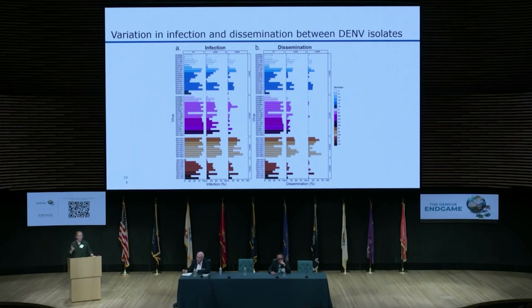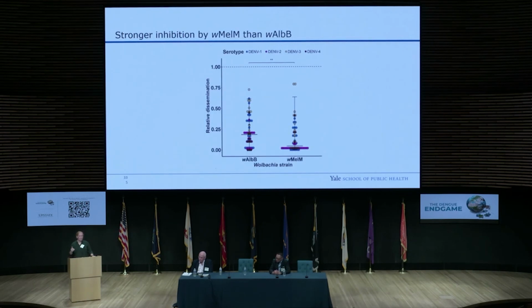But given that we're already starting with variation in wild type, we wanted to account for that to make a slightly more fair comparison, because you can imagine if you're trying to compare viruses that are very differently susceptible in the wild type, that's a hard comparison. So what we did for the next set of graphs is we determined the relative dissemination, and we're splitting the data up in different ways.